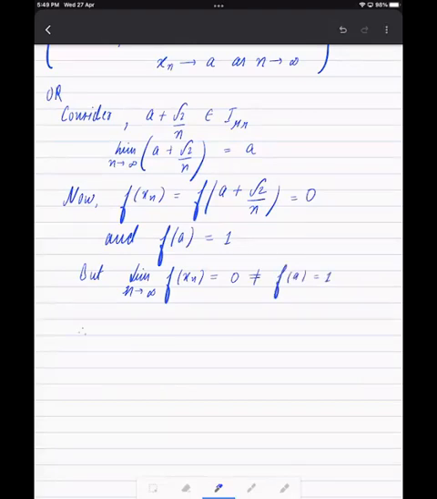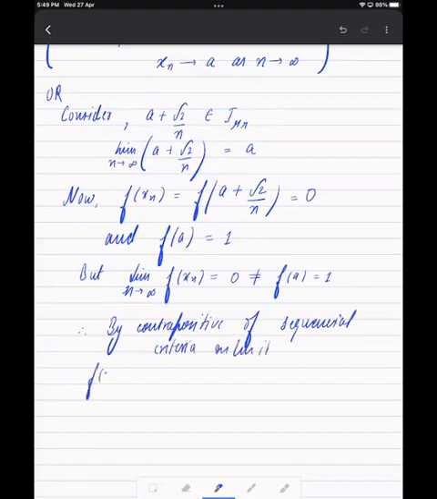Therefore, by the contrapositive of the sequential criteria on limits, f(x) is not continuous for all x belonging to the rationals.